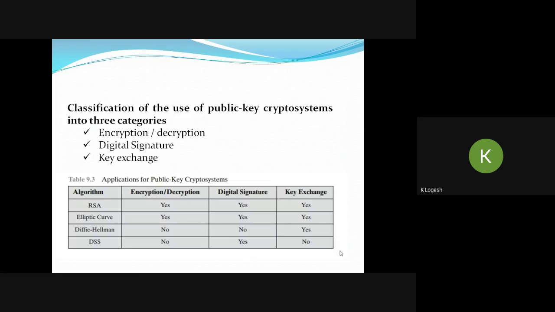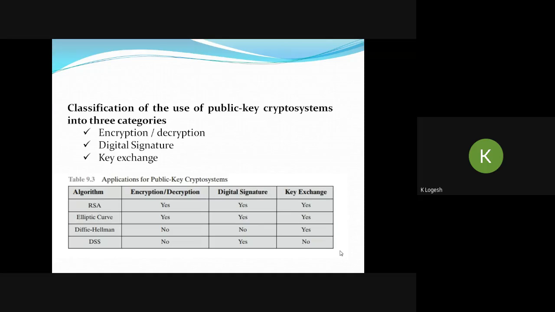Now, what are the various classifications of the use of public key crypto system into three categories? You can understand the public key crypto system now: private key and public key, two different keys we are using, for the purpose of confidentiality and authentication.